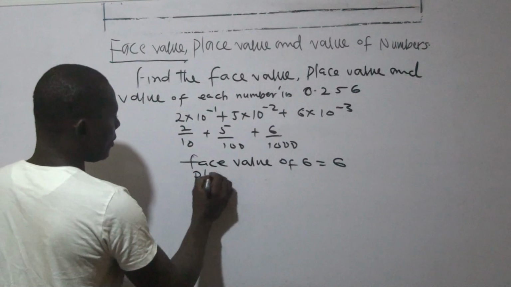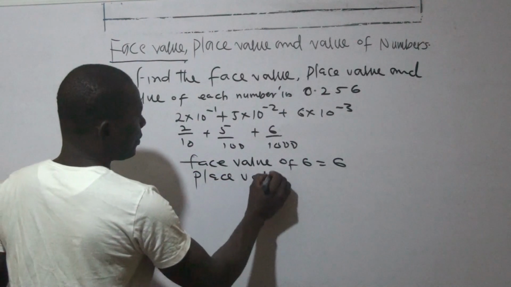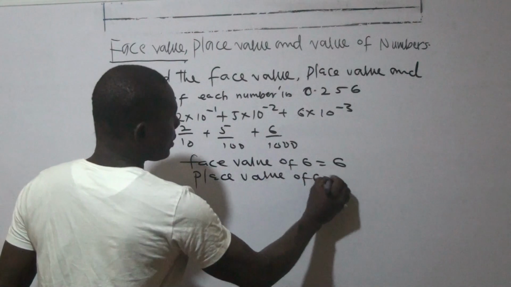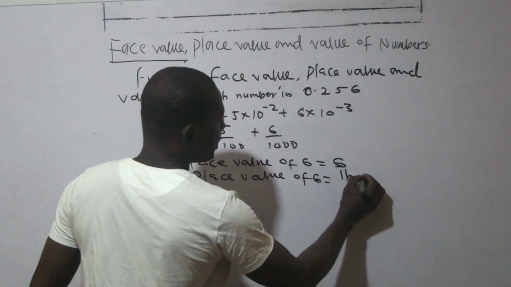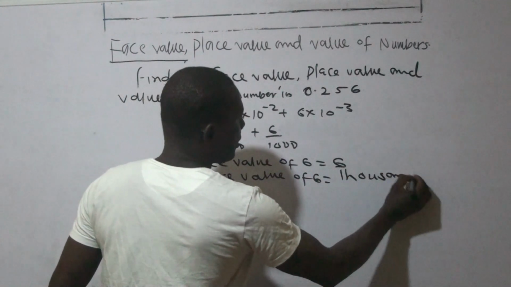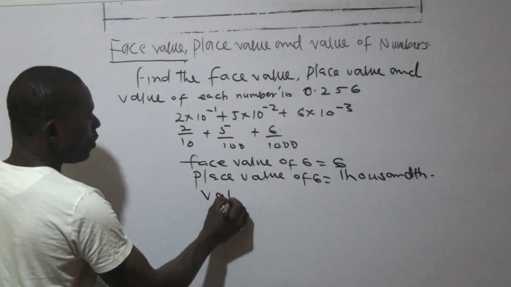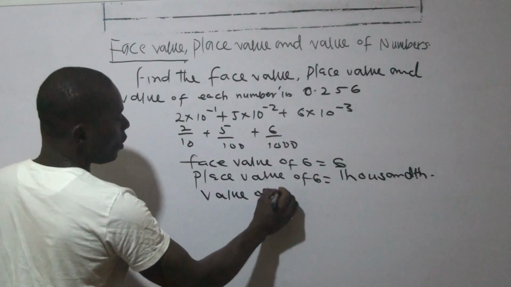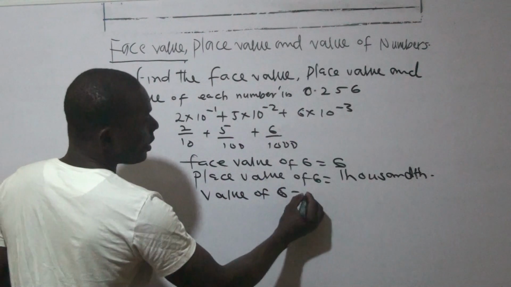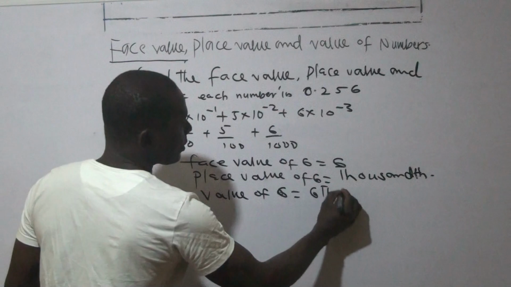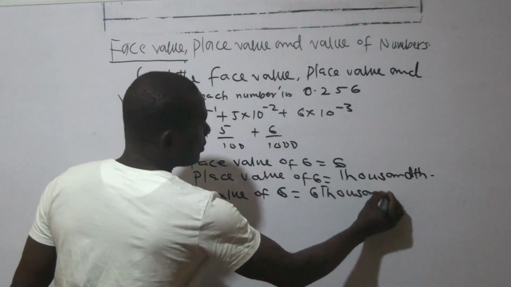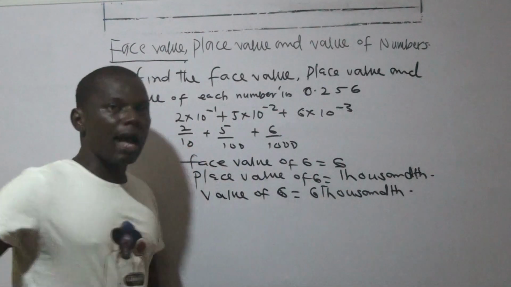Then the place value of 6 is thousands. Then the value of 6 is 6,000.